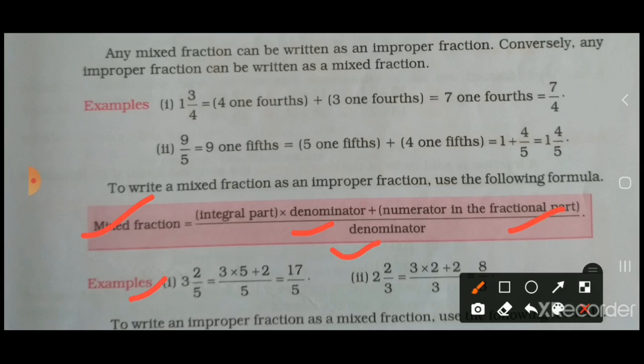For example, 3 whole 2 upon 5. Here 3 is the integral part, we multiply this by 5. 3 multiplied by 5, then add the numerator of the fractional part: 3 multiplied by 5 plus 2, upon 5, is equal to 17 upon 5. This is the conversion of a mixed fraction into an improper fraction.